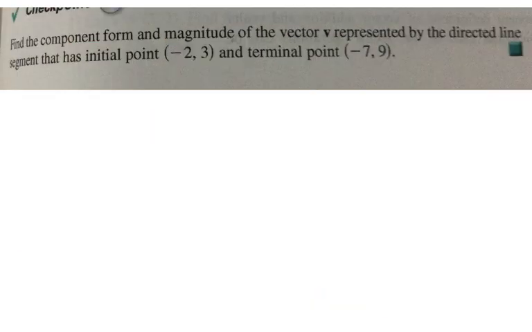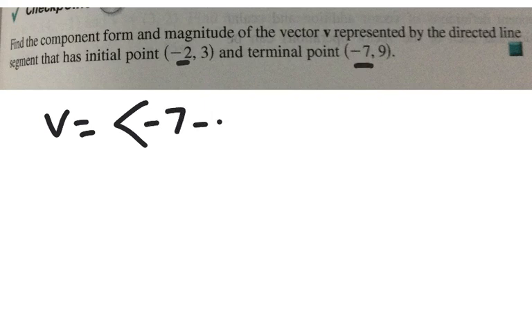Hopefully you found the component form of v. You're going to take the x that it ended at and subtract the x that it started at. So -7 minus -2. Then you're going to take the y that it ended at and subtract the y that it started at.